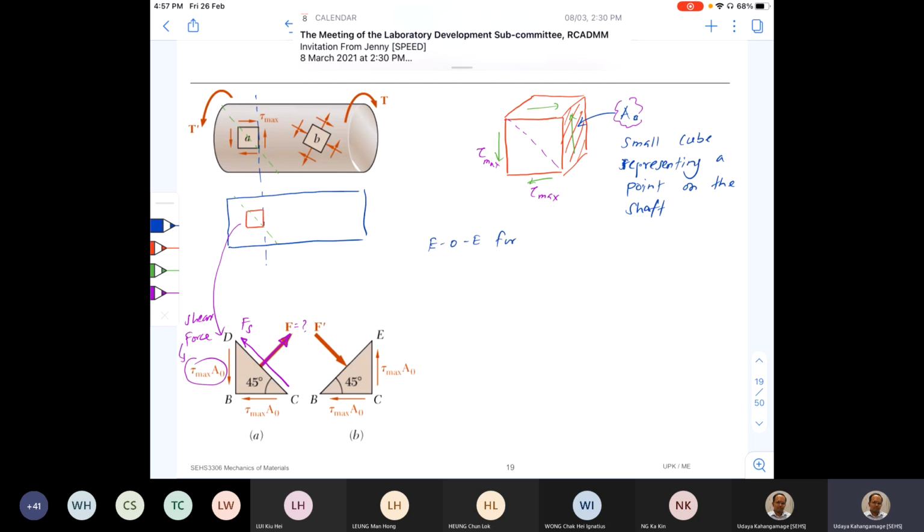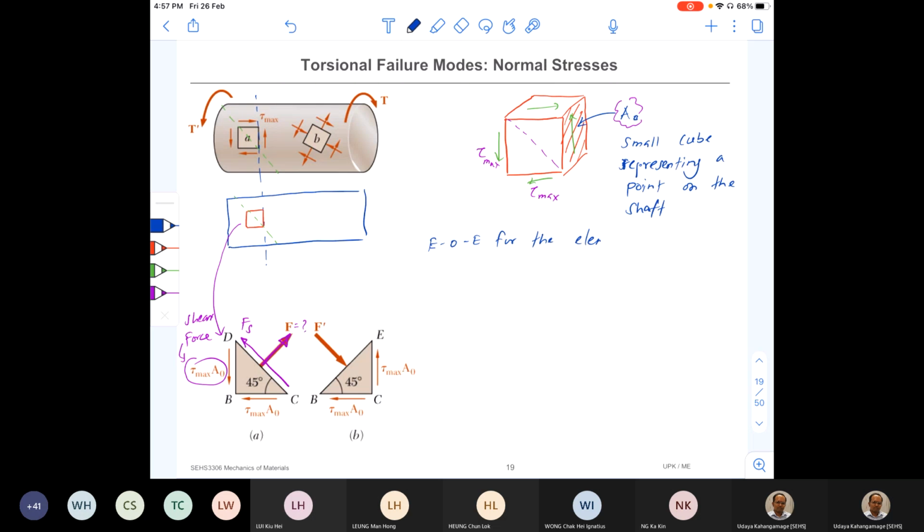for the cube, for the small element. That means I'm going to take a force balance in this direction. Summation of all the forces in that direction is equal to 0. So in that direction now, there's a force F, okay, positive direction, and then tau max A0 should have a component in that direction, right?